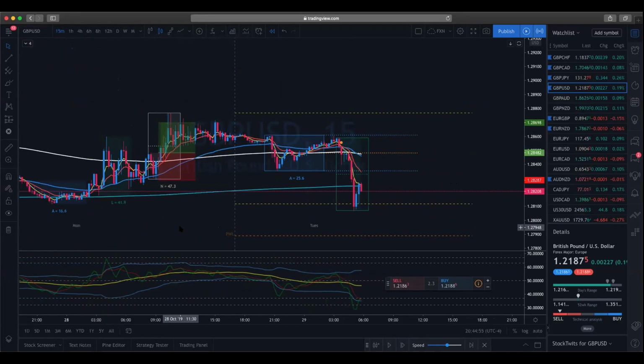Where would the setup be to sell? Where are the first and second legs, Alex? If it was a straightaway trade, it would have started in the Asian session. By the time the London session started, it would have already been way down.